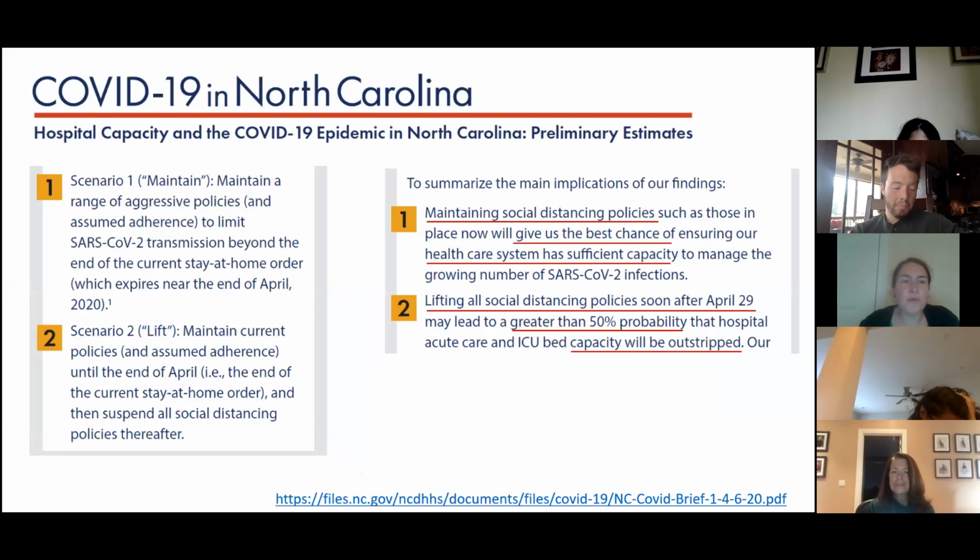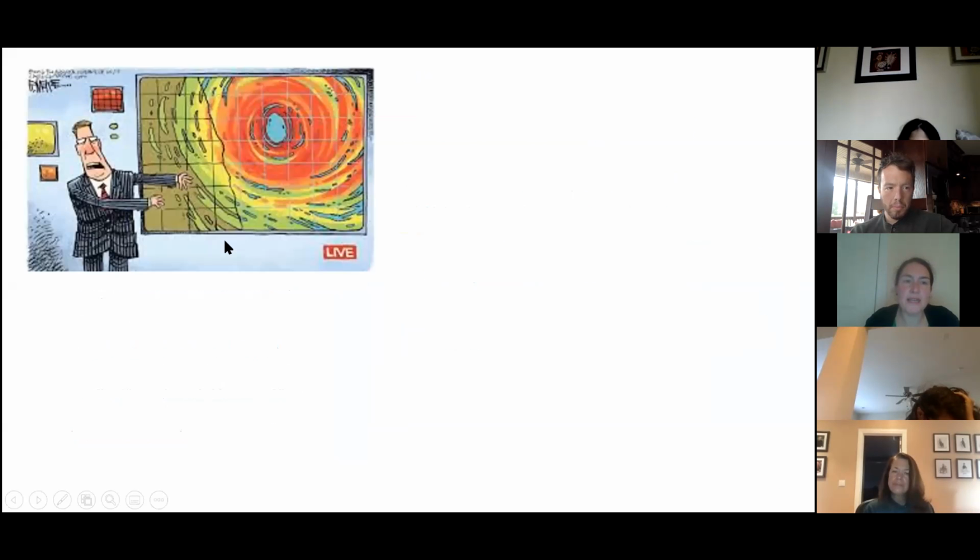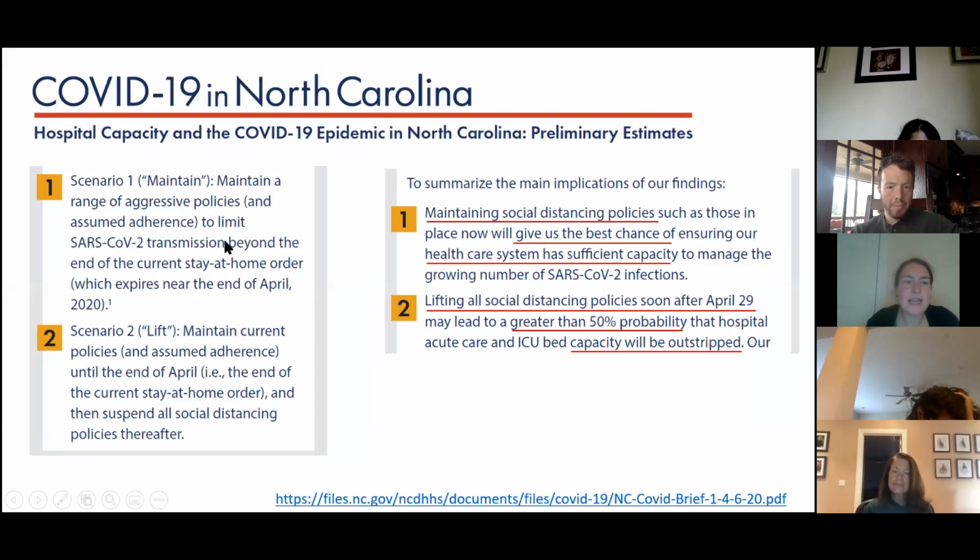And with this report, we were looking at basically those questions I just showed you a couple of slides back, where we tried to assess what might be coming in terms of issues for hospital capacity if, in one scenario, we maintained the policies that were in place and kept that beta low.